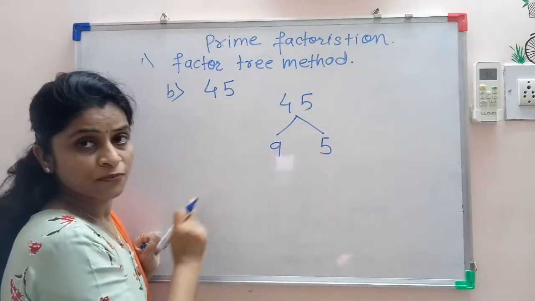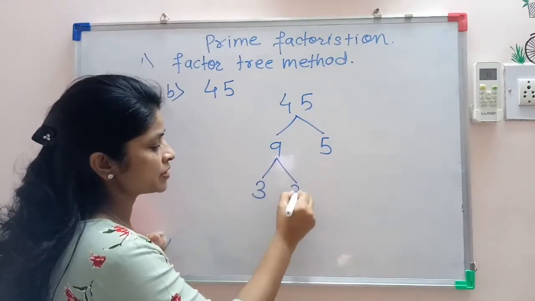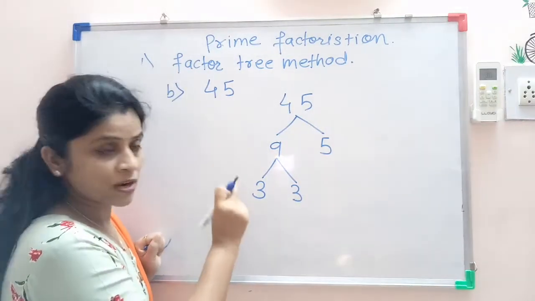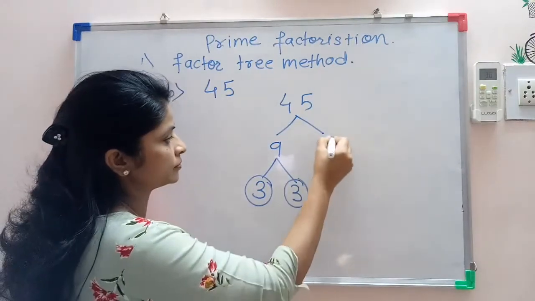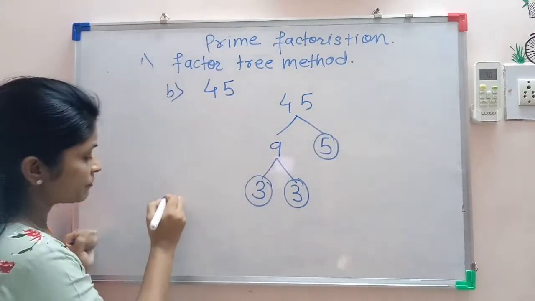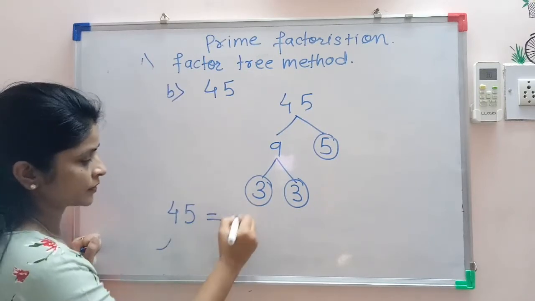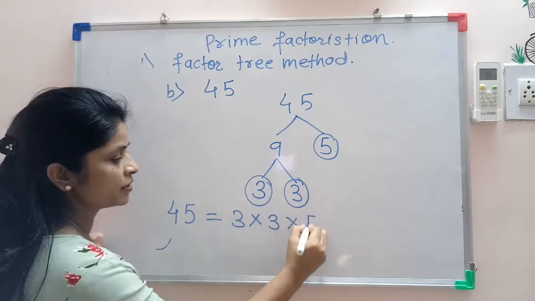Now 9 is a composite number. Now let's take the factors of this: 3 multiplied by 3. Now 3 is also a prime number. Now we have to stop here. Now we will ring all the prime numbers. Now the prime factorization of 45 is 3 multiplied by 3 multiplied by 5.